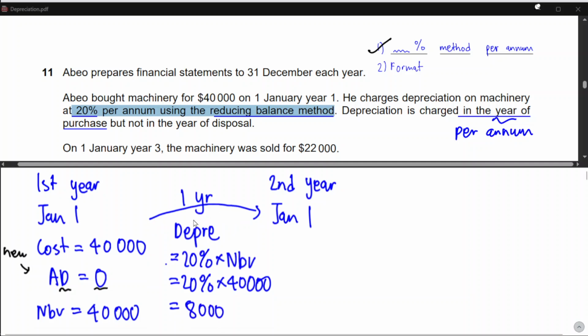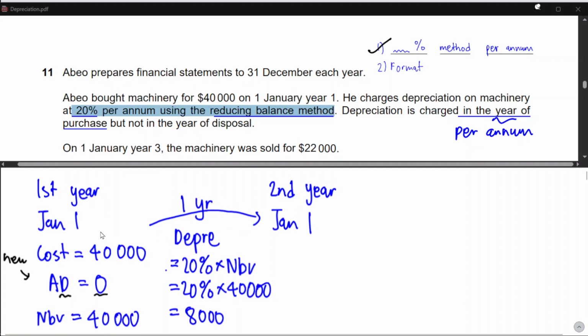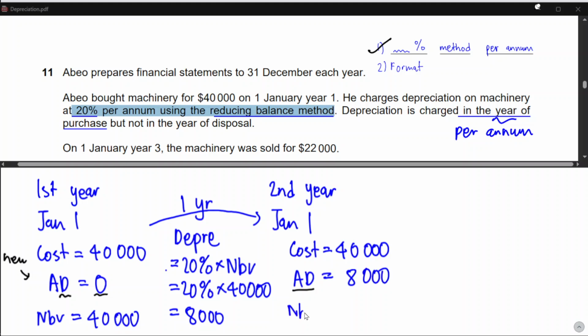For the second year, the cost will still be the same. AD stands for accumulated depreciation, so this adds this.